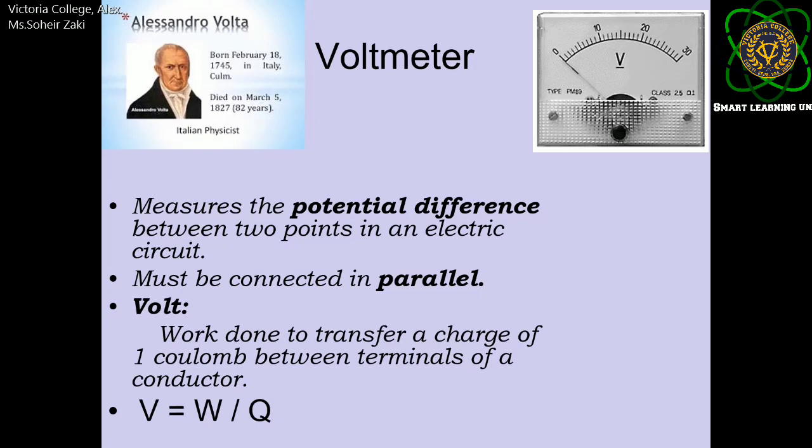And the rule used to calculate the potential difference is V, which is the potential difference, equals W, which is the work done in joules, divided by Q, which is the charge of this electric current.